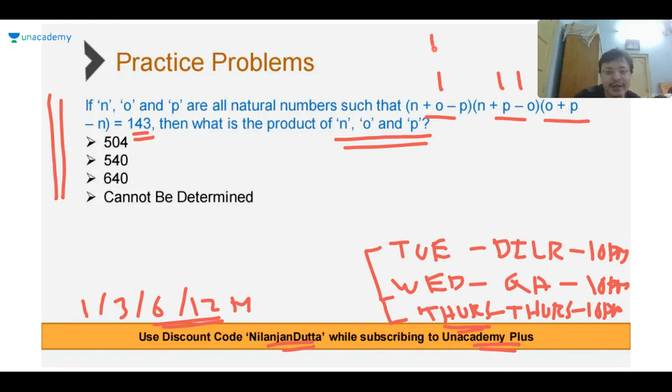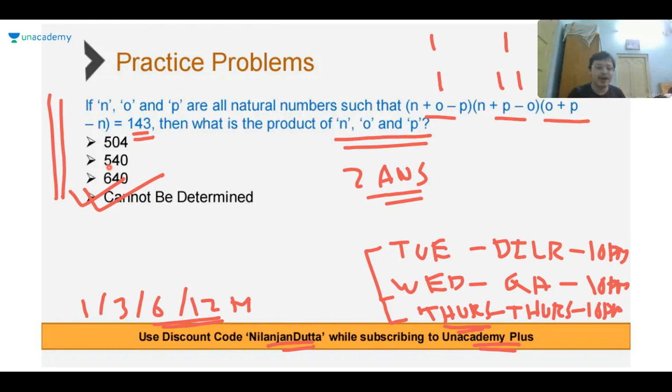There's a second way, which goes as follows: 1, 1, and 143. So in both cases, I'll get different values of n, o, and p. And since there are two cases with two different values of n, o, and p, I'll be getting two possible answers, which means the correct answer to this question will be option D, cannot be determined.